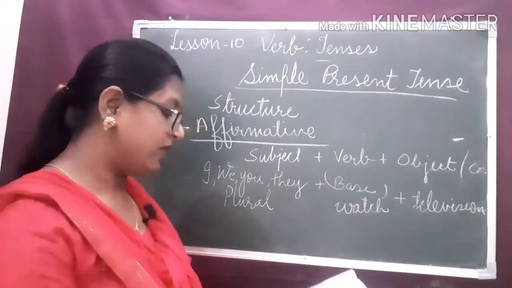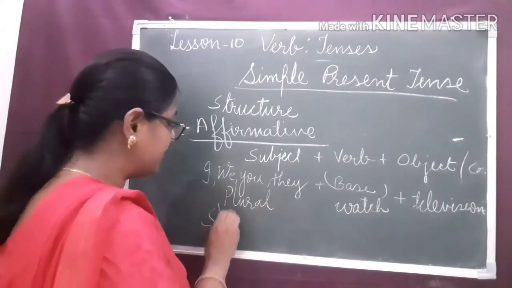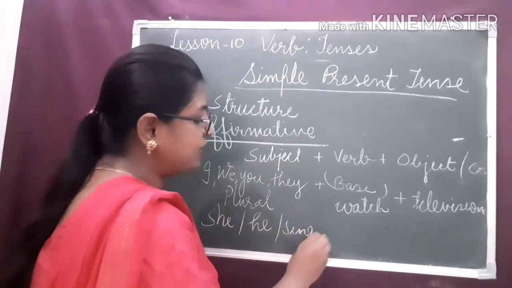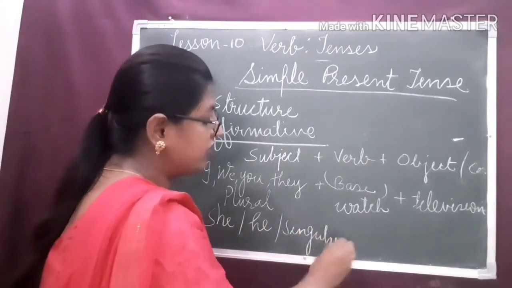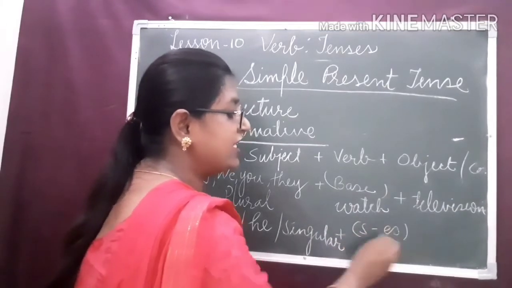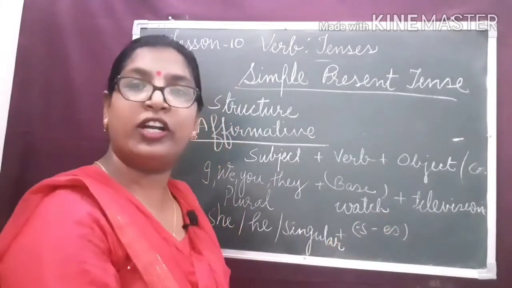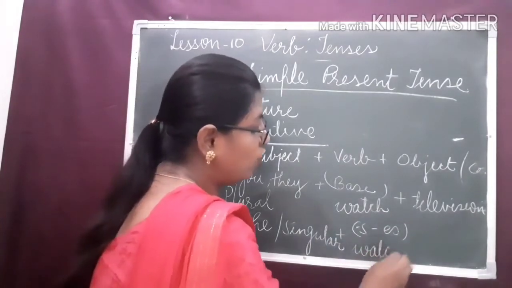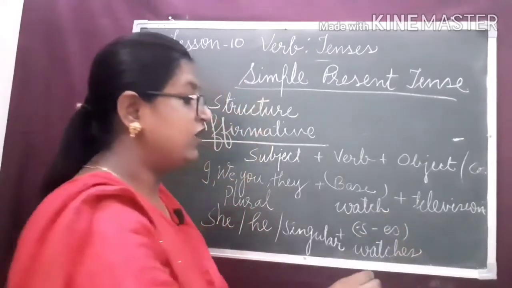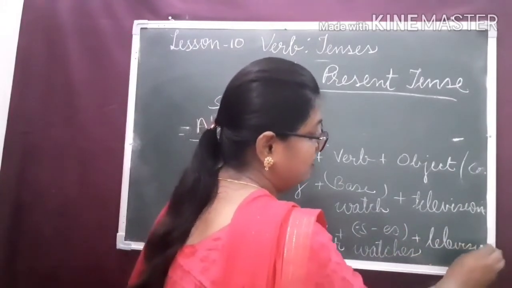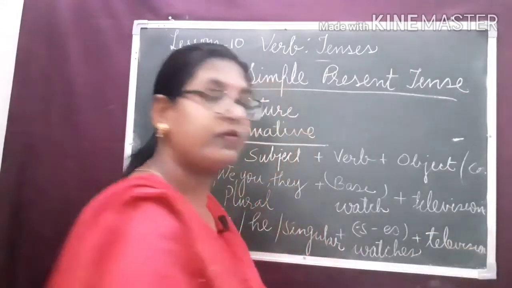And dear children, if the subject is she, he or any singular subject, we use S or ES form of the verb, and that is watches plus the object television.